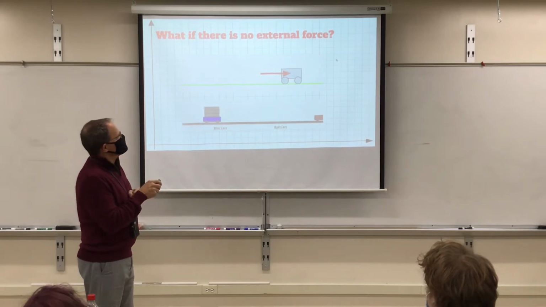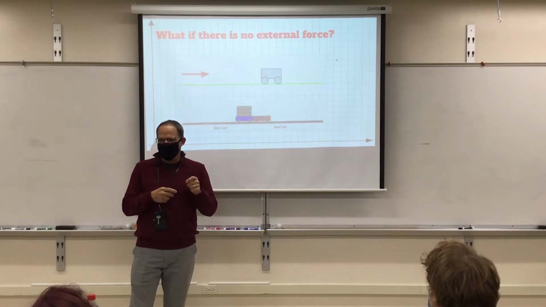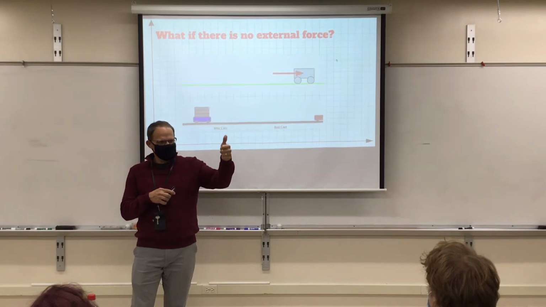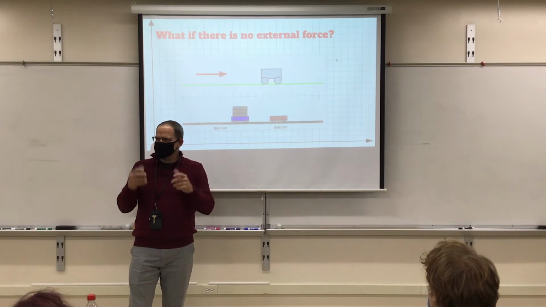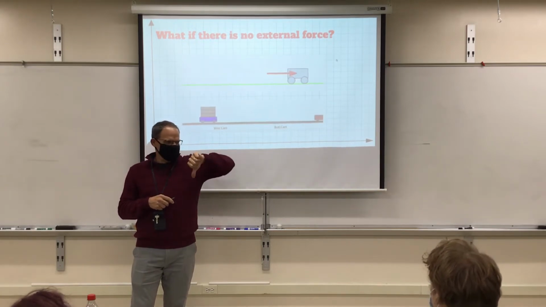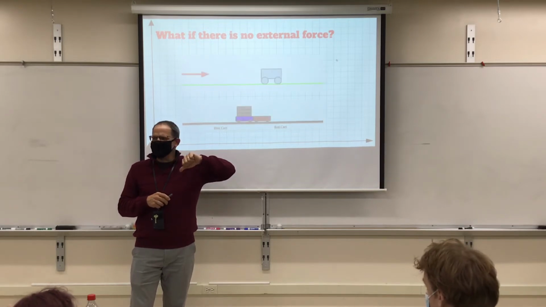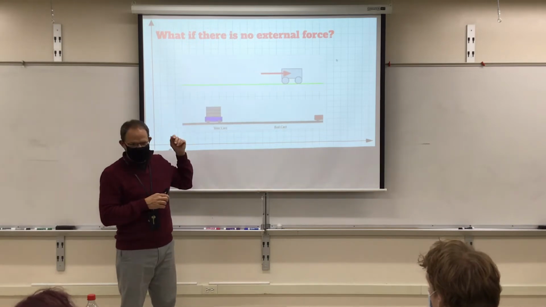Now, if you look at just the arrow, is there a force on the arrow during the collision? Yes or no? No. Go ahead, everybody's got to vote. So, does the arrow change speed? Yes. It definitely slows down.